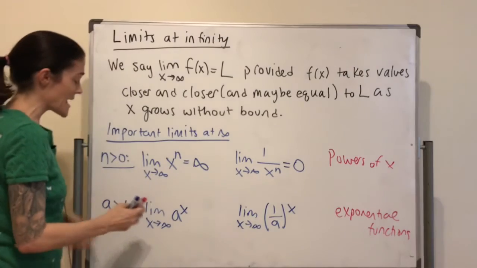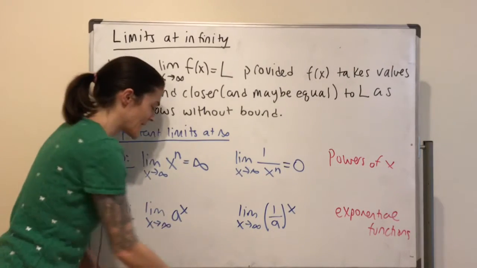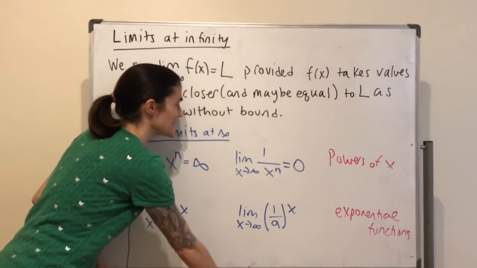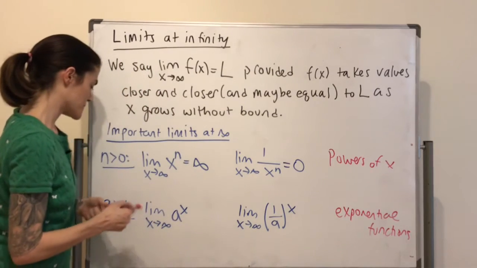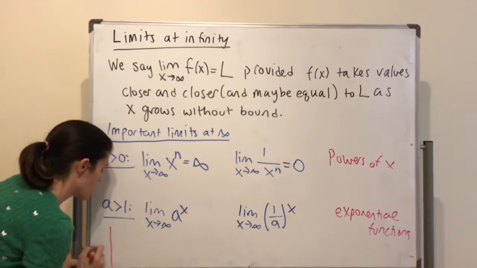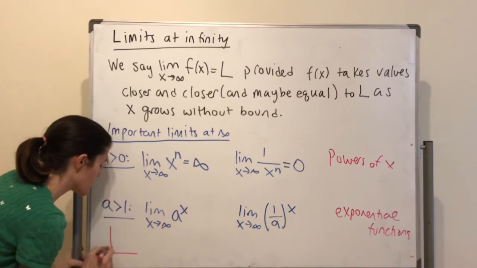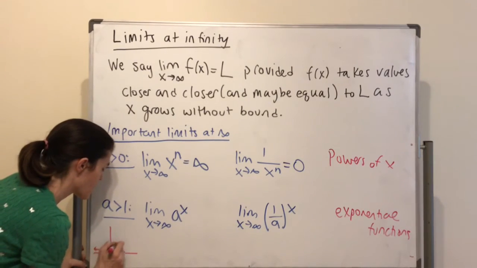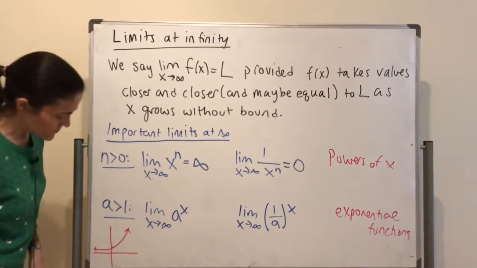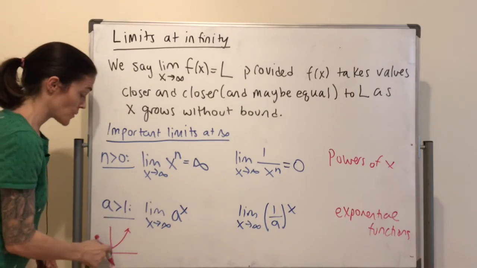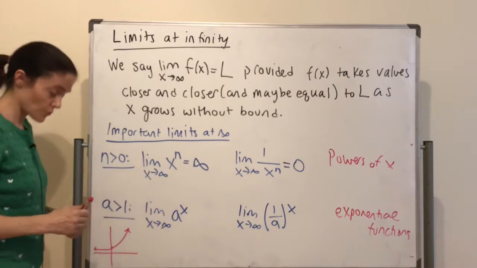If you have a base bigger than 1, and I believe we mentioned this a little bit the very first day, if you have a base bigger than 1, the graph basically has this shape. It goes to the point 0, 1, exponential growth.